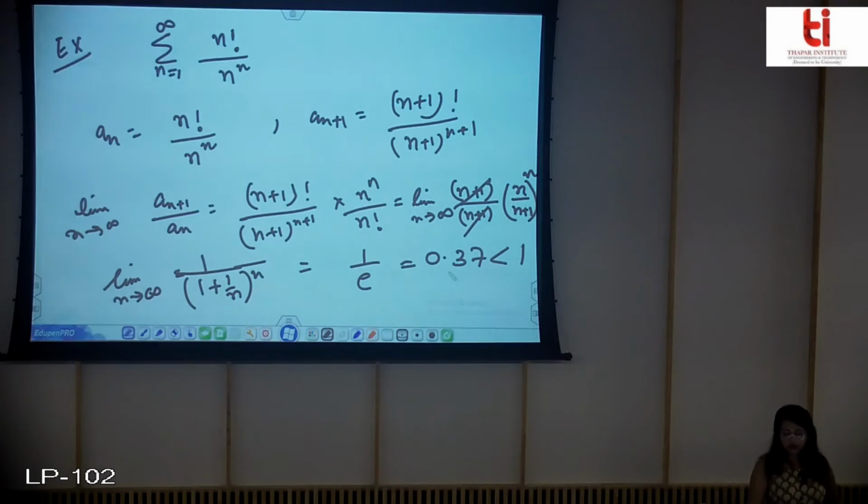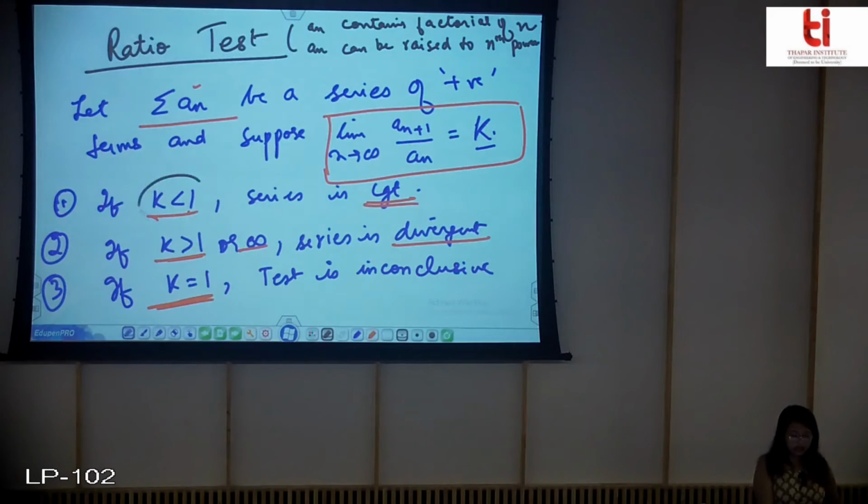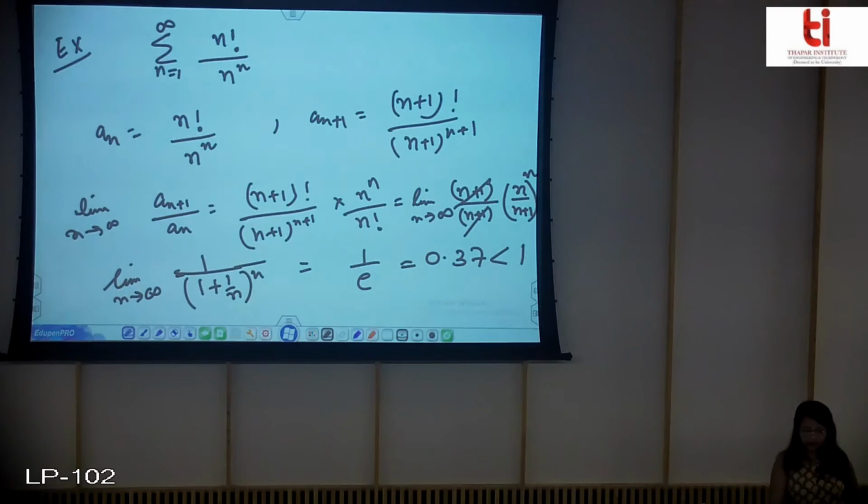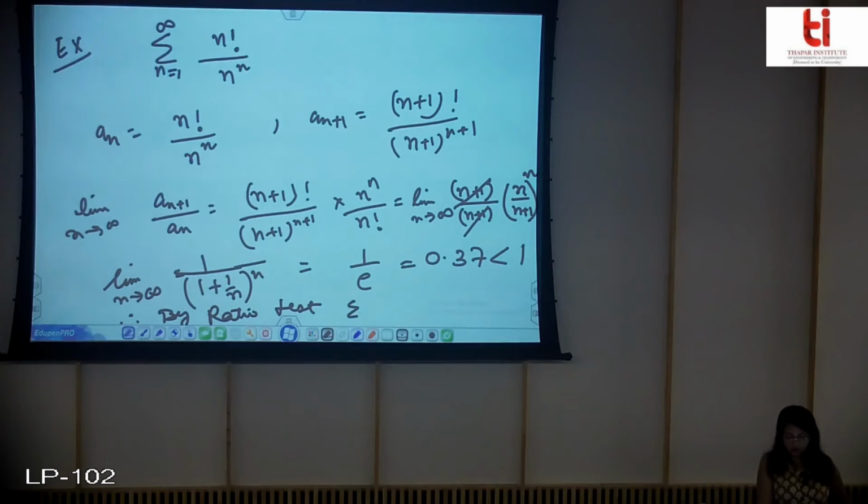If k is less than 1, it falls under the first condition and therefore the series is convergent. Therefore, by the ratio test, the series summation of n factorial over n^n is convergent since the value of k is less than 1. Let us do another example for this.